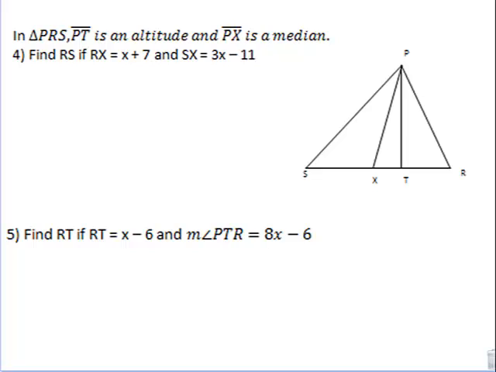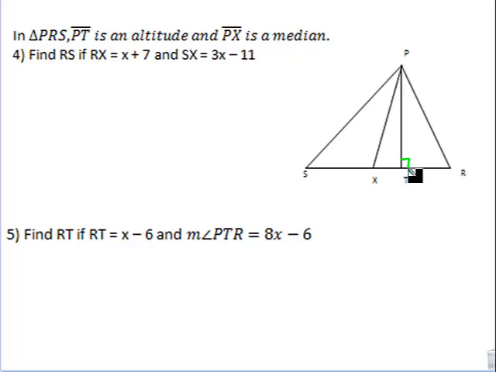So for our first example, we have triangle PRS, and we are told that PT is an altitude and PX is a median. The first thing we need to do is label that accordingly. If PT is an altitude, it goes from the vertex to the side opposite, forming a 90-degree angle. So we're going to put a 90-degree angle on our diagram where PT comes in contact with that opposite side.